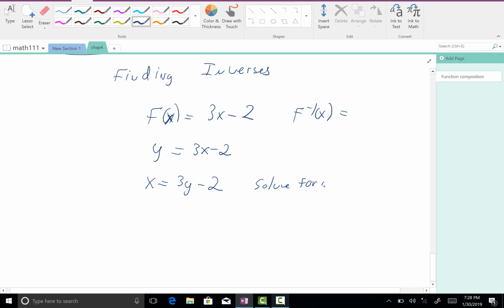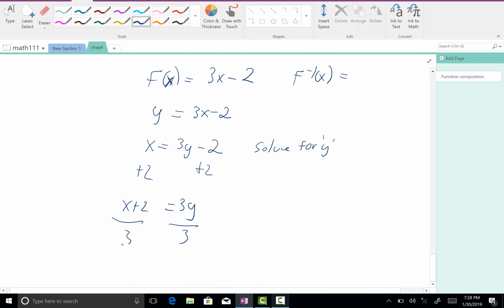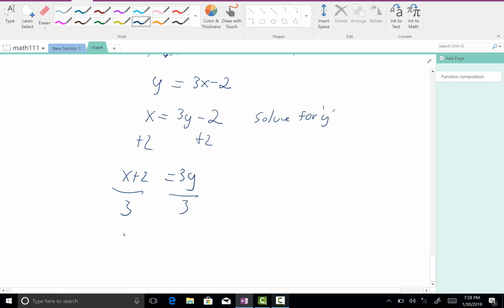So add the 2, throw it over here, x plus 2 equals 3y, divide by 3, divide by 3. There's my inverse. So f inverse of x is equal to x plus 2 divided by 3. All right, that's how you find an inverse. So you set it equal to y, switch the x's and y's because you're switching domain and range, solve for y. Boom, there it is.